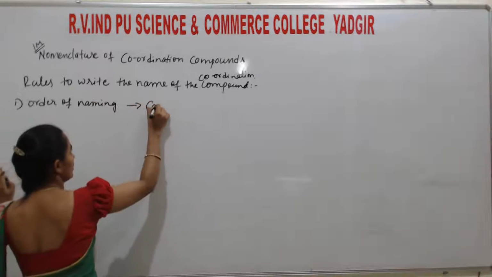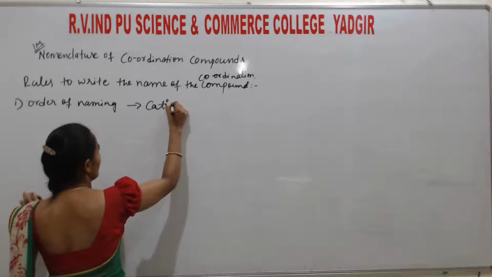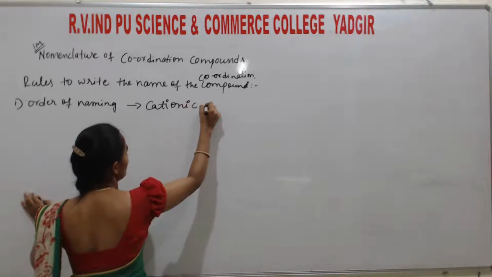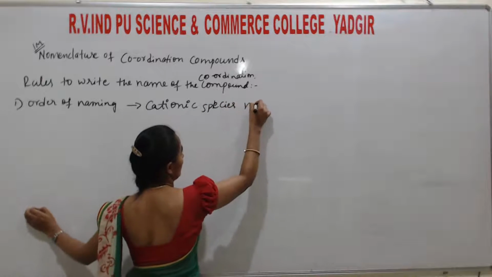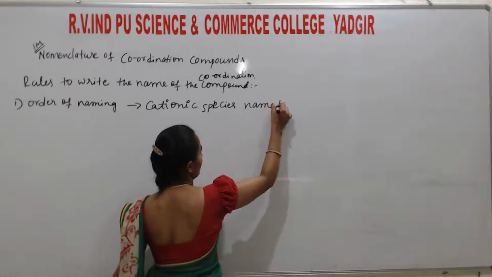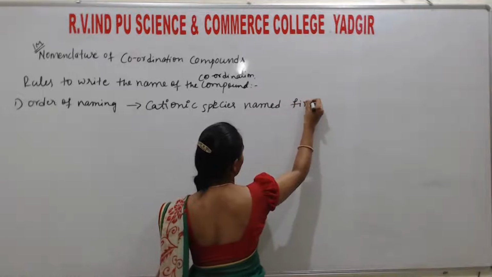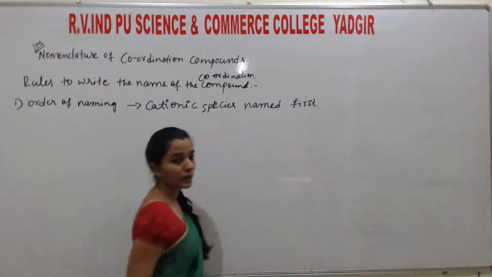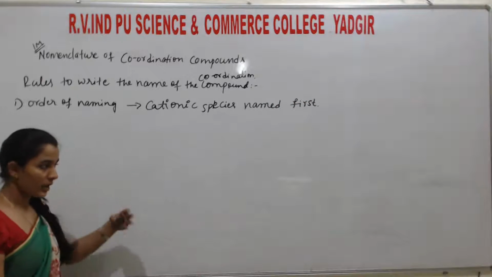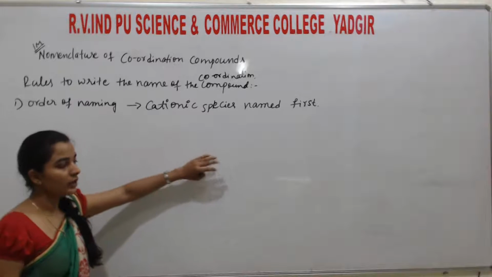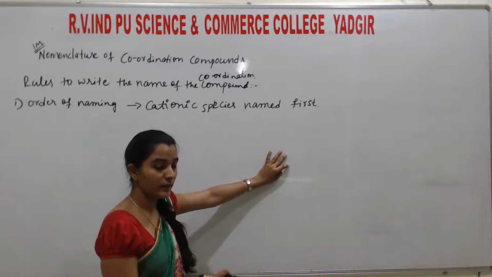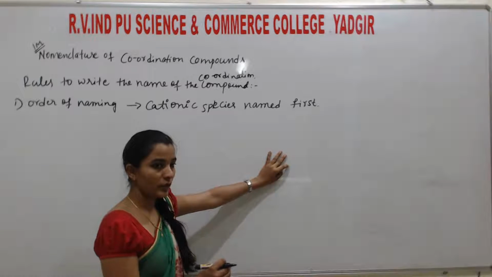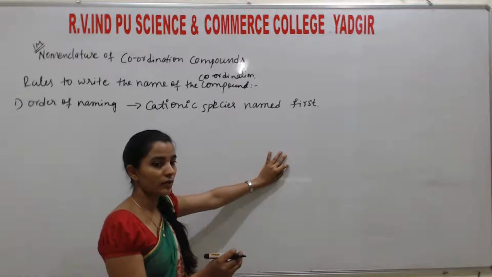Here, cationic species are named first. Cationic species named first. In the example below, for potassium hexacyanoferrate, I wrote potassium first. Okay, so like potassium hexacyanoferrate.